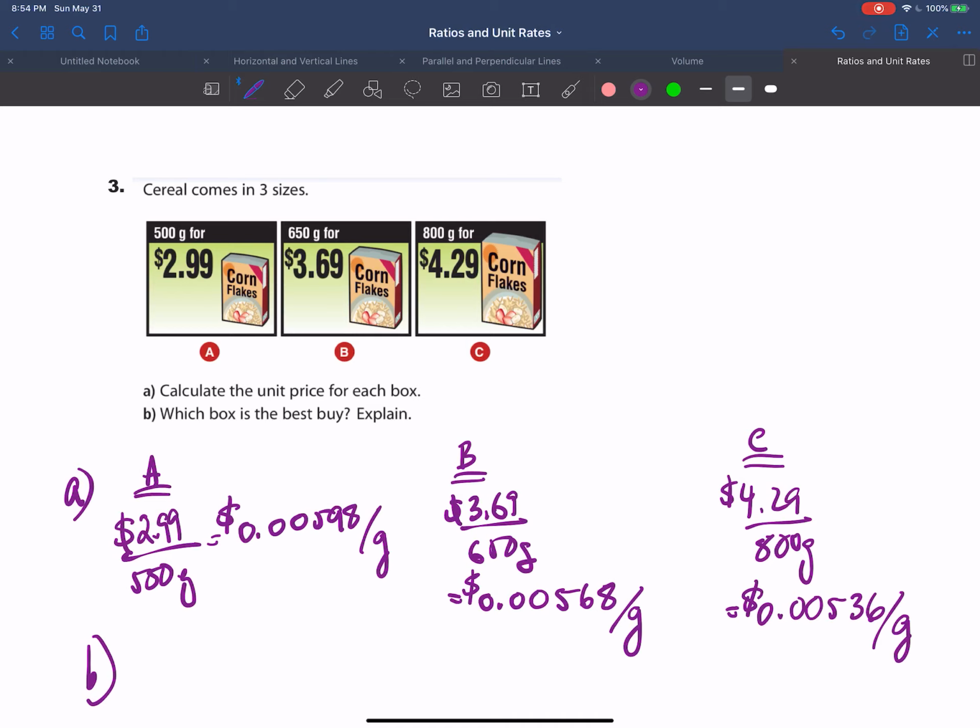Well, whichever one's cheapest. And we can tell that this is the lowest one. So just looking at which one has the lowest number, 536 is lower than 568 and 598. So box C. It's cheapest. That's it.